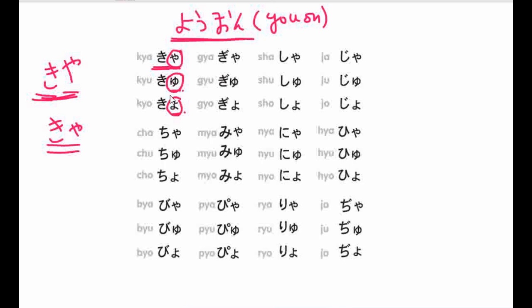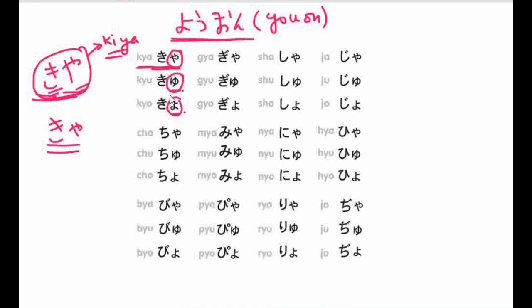So how does it change the pronunciation? Let's see. When we add small ya with ki, it becomes kya. But if we use both ki and ya bigger, this will be called kiya.